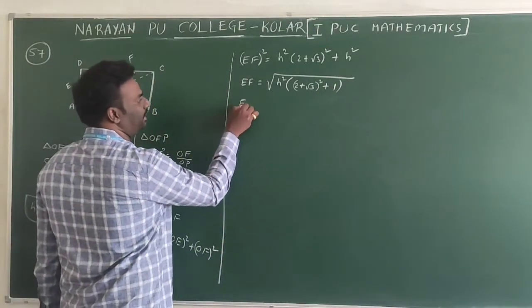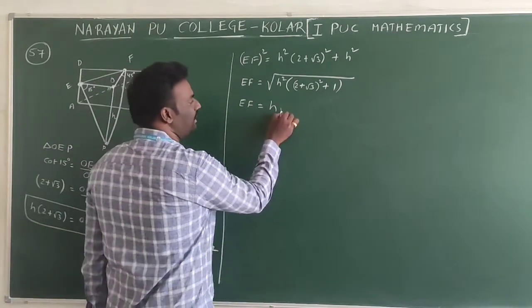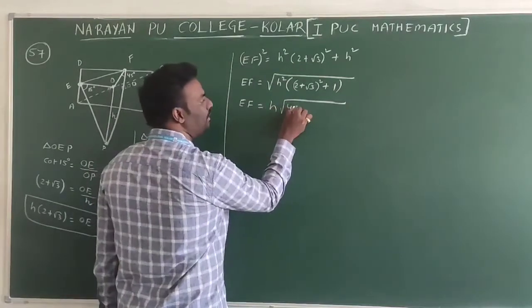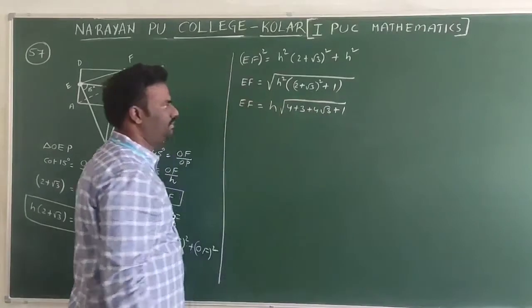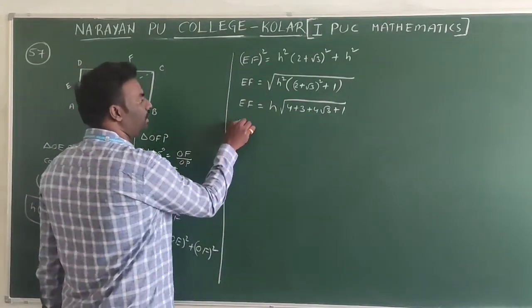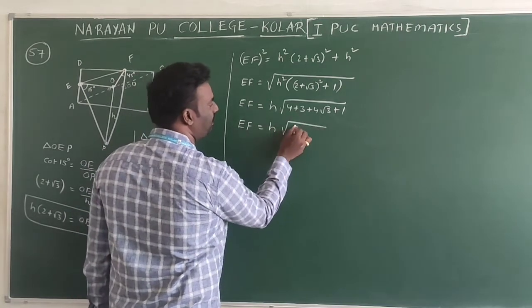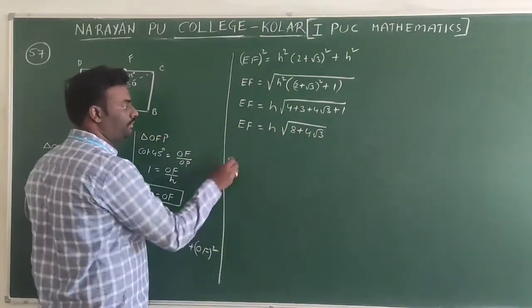Now if you simplify, H square comes outside as H. Expand the value in the root using A plus B whole square, A square plus B square plus 2AB, plus 1. Then EF is equal to H into root of 8 plus 4 root 3.